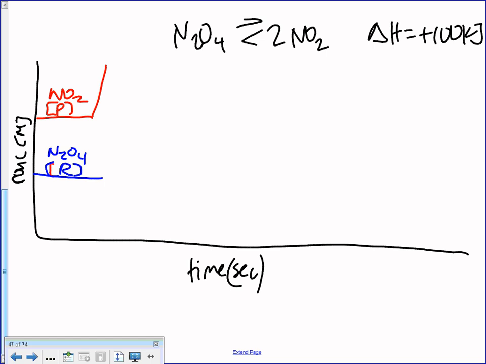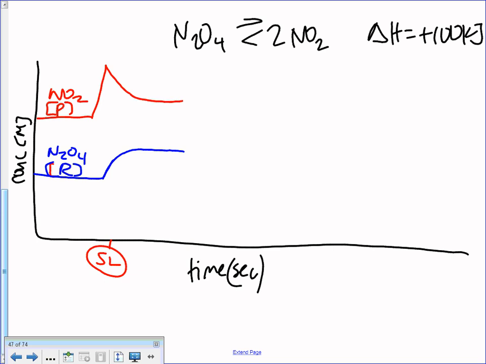And then slowly, what's going to start to happen to the nitrogen dioxide content? If you tell me that I shift left at this point, it's slowly going to decrease, right? But as it slowly decreases, what is it making? It's making more of what? The N2O4, correct? So that one's not going to be a quick jump. It's going to be a steady slope of incline, and then eventually they will reestablish equilibrium.